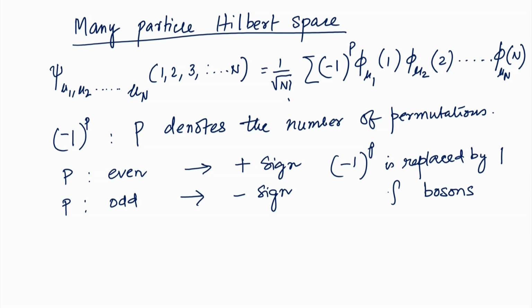Also, if you take note of this, for the fermions, because of this minus 1 to the power p and there is a summation involved, this summation is over all the particles. For the fermions, one can write down this wave function in the form of a matrix, and this is called the antisymmetrized Slater determinant.